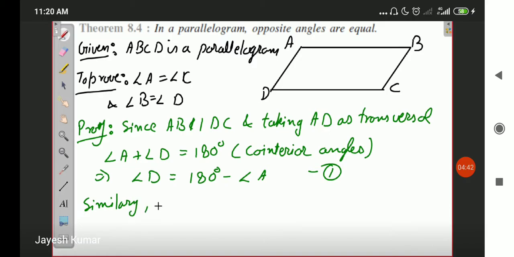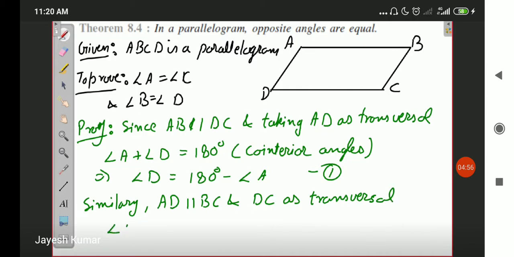Similarly, this time we are taking AD parallel to BC and DC as transversal. The sum of angle D and angle C should also once again be equal to 180 degrees, same reason, co-interior angles.